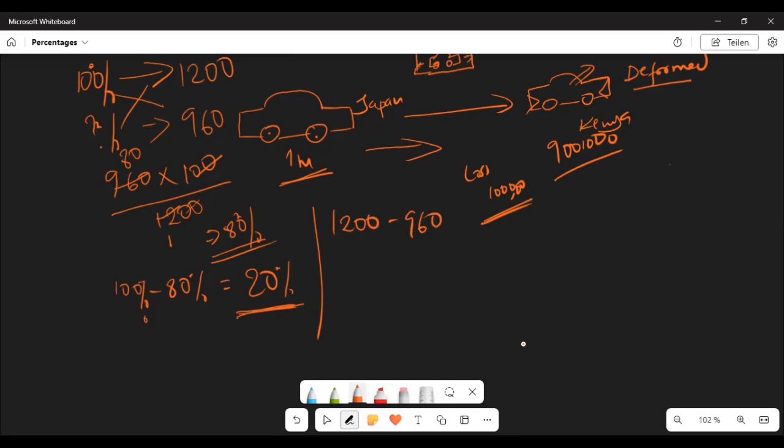In that case, you're going to get 240. Then you say our previous price was 1,200, and we multiply by 100 to get the percentage. You realize that this cancels with this, and therefore you have 12 goes into 24 two times, so you have 20% as the decrease in price.